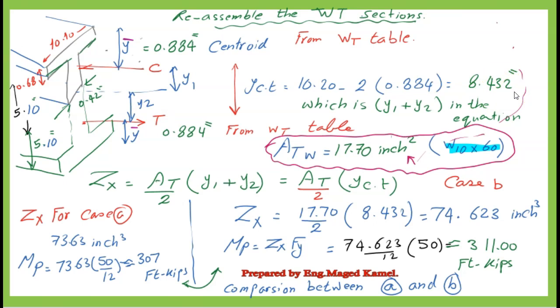Z sub X can be found for the W section as equal to half of the area of the W section by YCT, or 17.68/2 by 8.4532 equals 74.623 inch cube. Multiply by F sub Y and divide by 12, we have M sub P equals 311 foot kips.